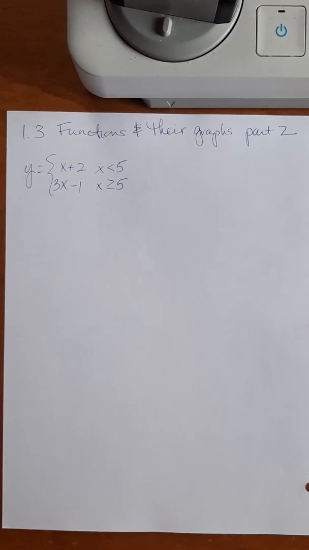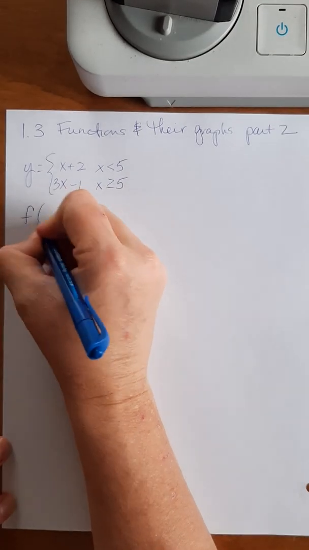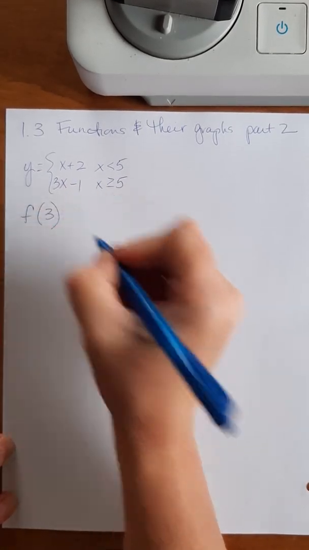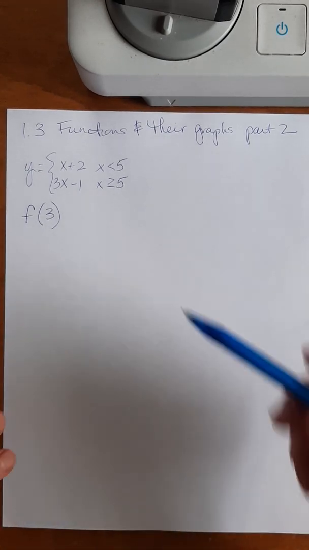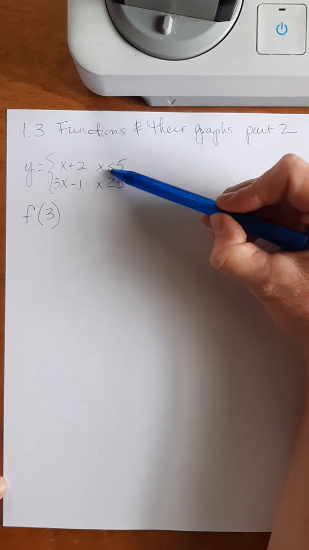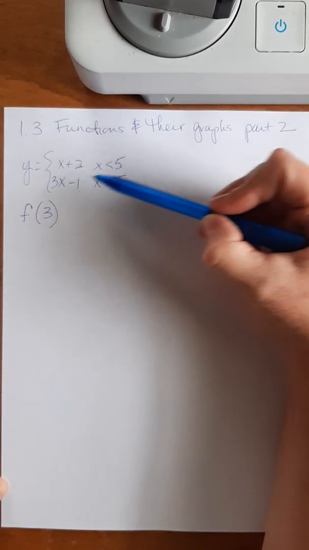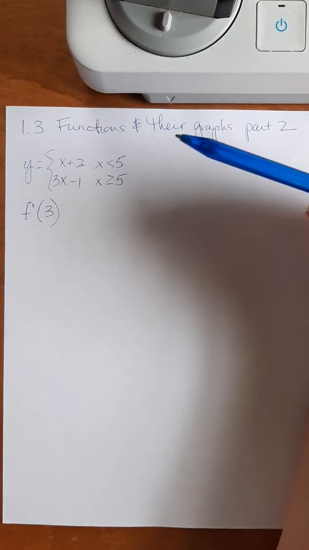But first, let's just evaluate. If you wanted to evaluate, let's say 3, all you have to do is plug into this one when x is less than 5. You plug in this expression when x is greater than or equal to 5.